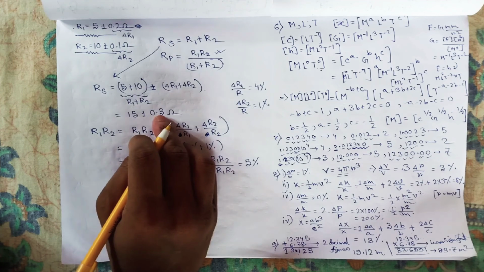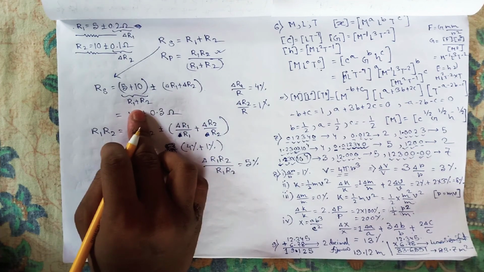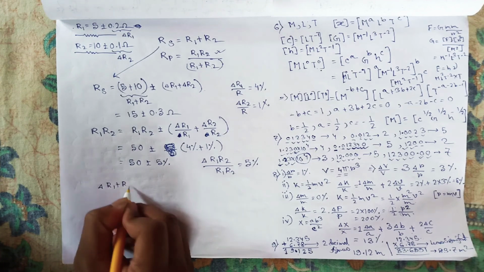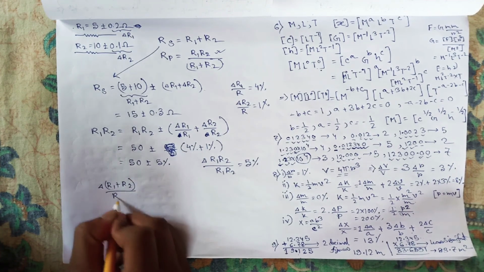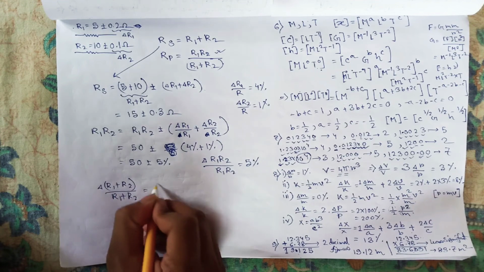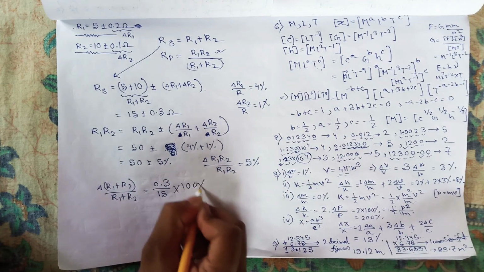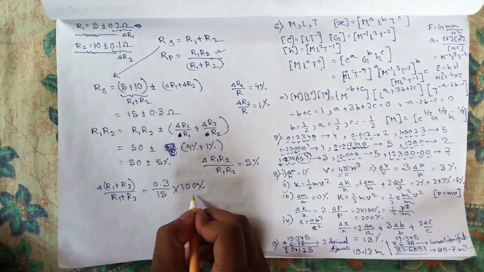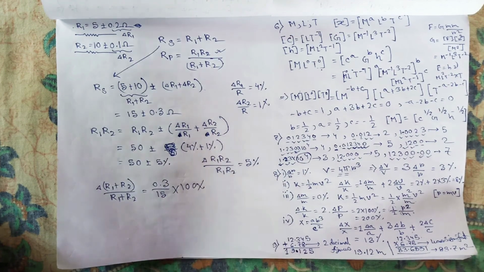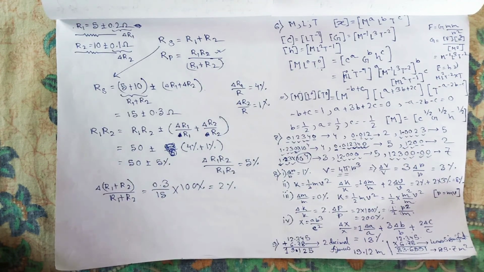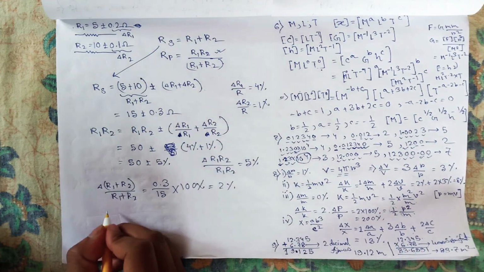We know its absolute error, which is 0.3 for RS. So it will be 0.3 by 15 into 100%, which is 2%.